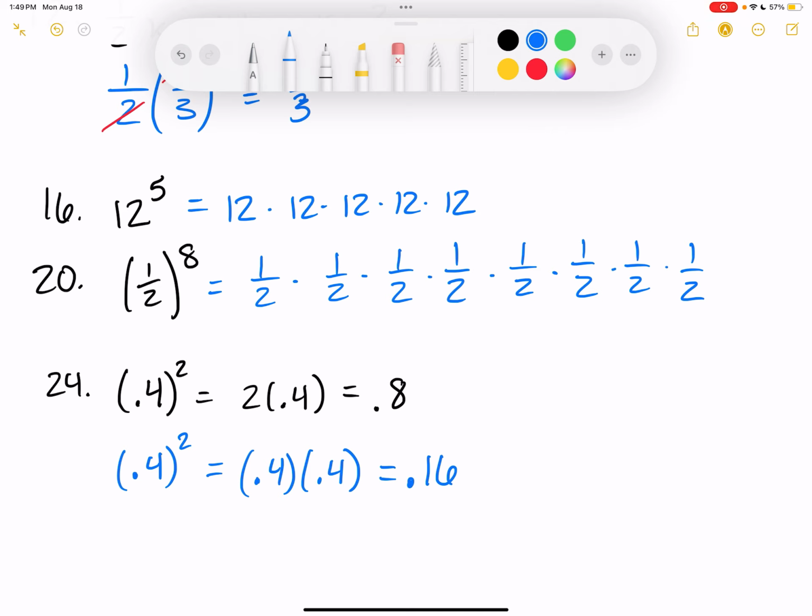So essentially, they multiplied instead of raising it to a power. So I would just say something like that: they multiplied by the exponent instead of multiplying it by itself.